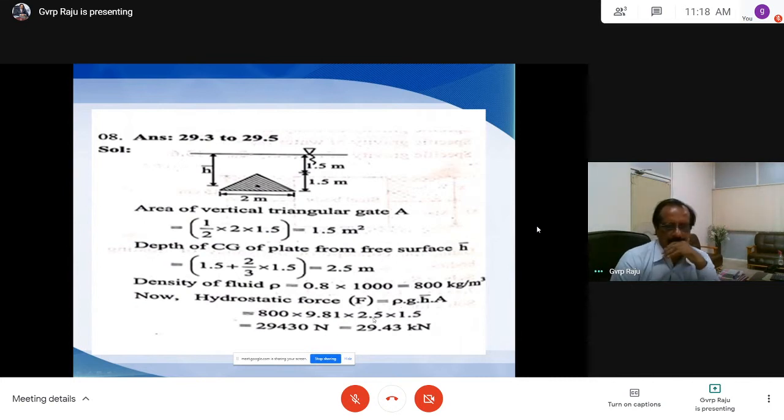So the hydrostatic force is equal to W h bar A. W is equal to 800 into 9.81, the area of the triangle is 1.5 and the CG distance is 2.5.